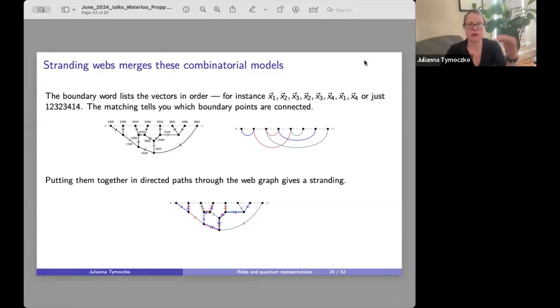So the boundary word is ordering these certain vectors, and the matching is telling you which boundary points are connected by certain relations in the vectors. And so the directed paths through this web graph is telling us what the stranding is doing.